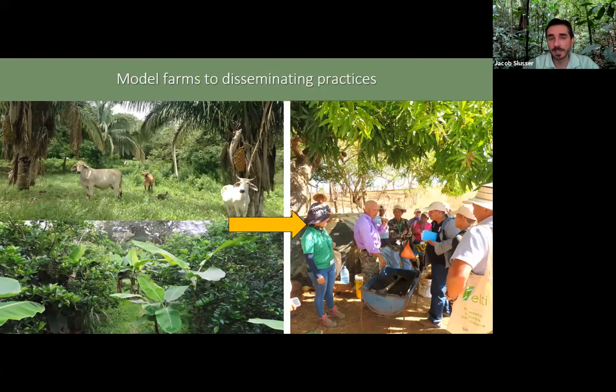But first, the big question is how does a community association like APASPE go from establishing productive silvopastoral model farms that illustrate effective restoration strategies to disseminating this information and inspiring a much broader, wider audience?